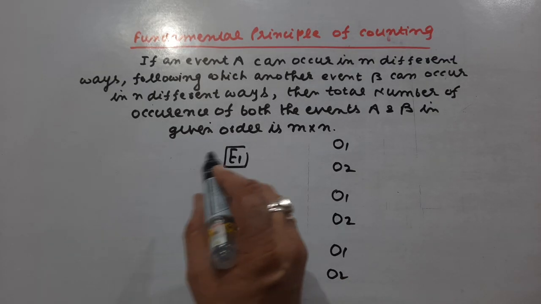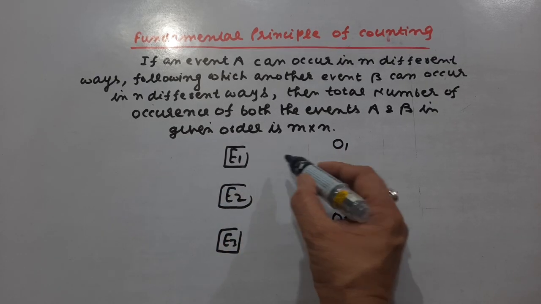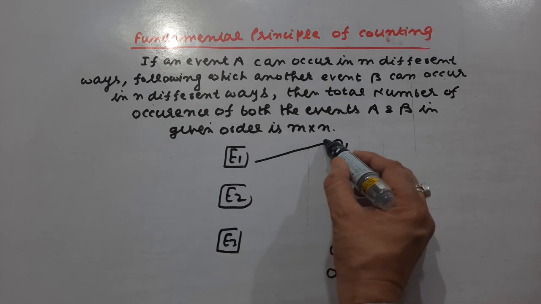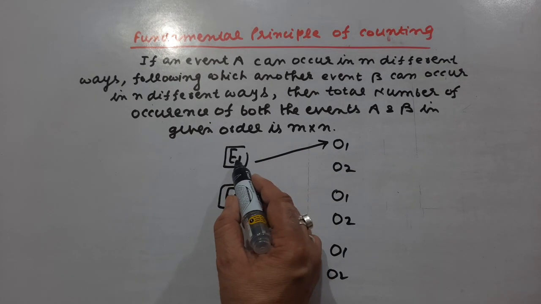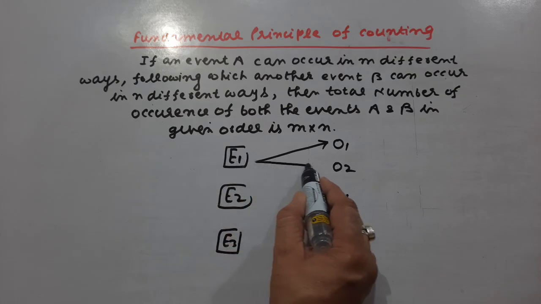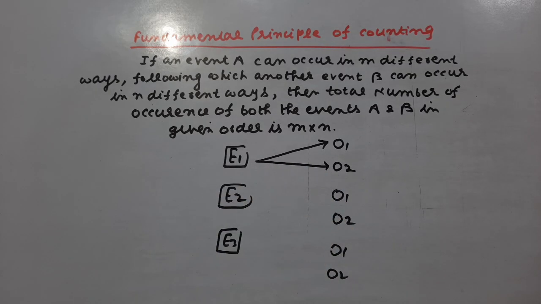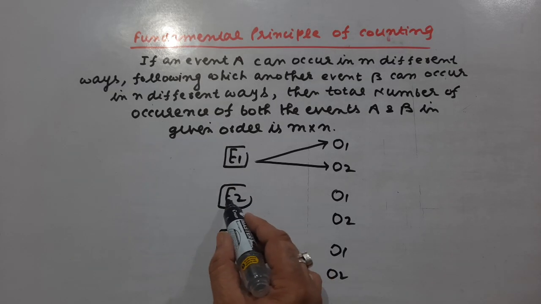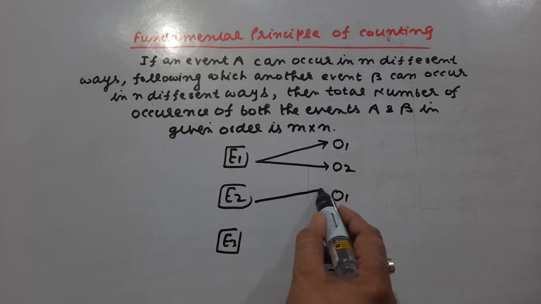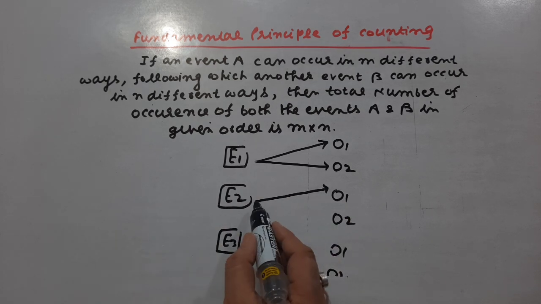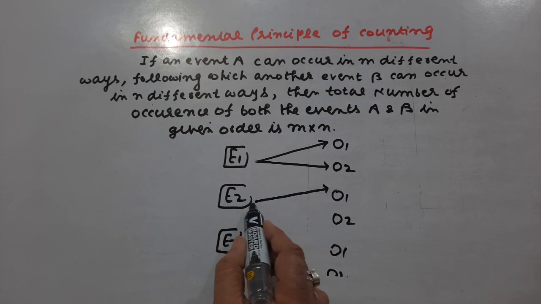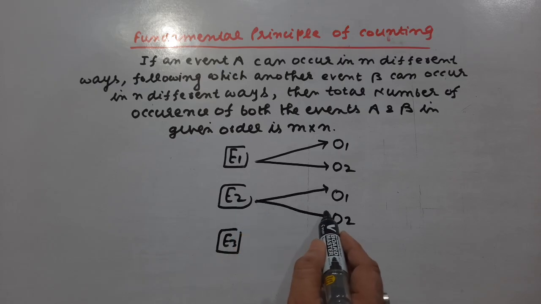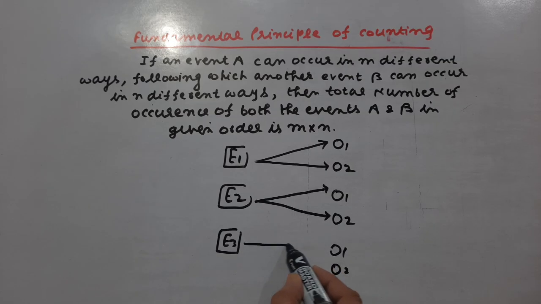Now let us see, a person can enter through E1 and go out through O1, or the person can enter through E1 and go out through O2. Similarly, a person can enter through E2 and go out through O1, or enter through E2 and go out through O2. And similarly, a person can enter through E3 and go out through O1 or O2.